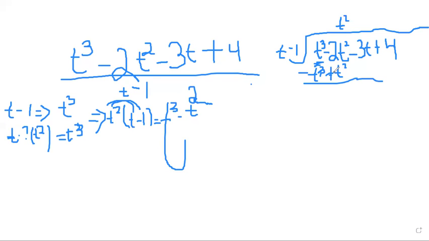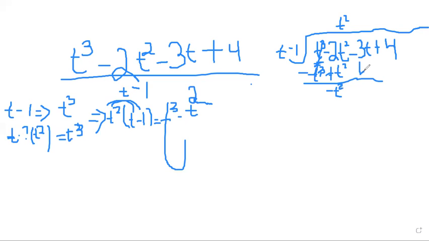Because when you do subtraction for division, it's understood you're going to subtract. So because it's already a negative here, when I go to subtract it, it will then become a positive. So we see the t cubed is eliminated. So I have negative 2t squared, positive t squared. That will leave me with a negative t squared.